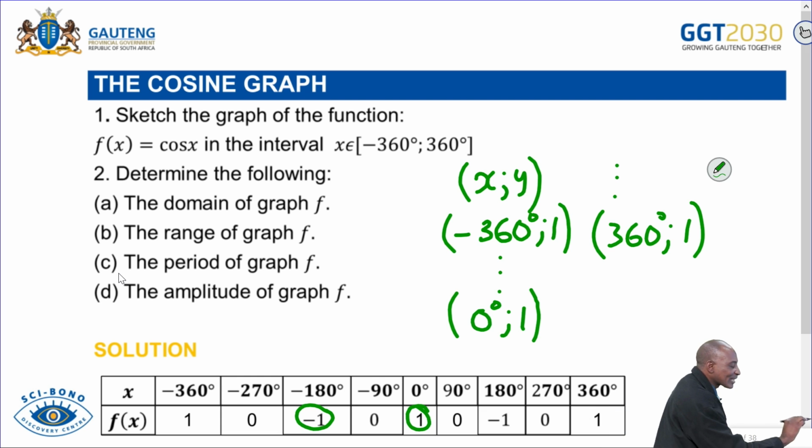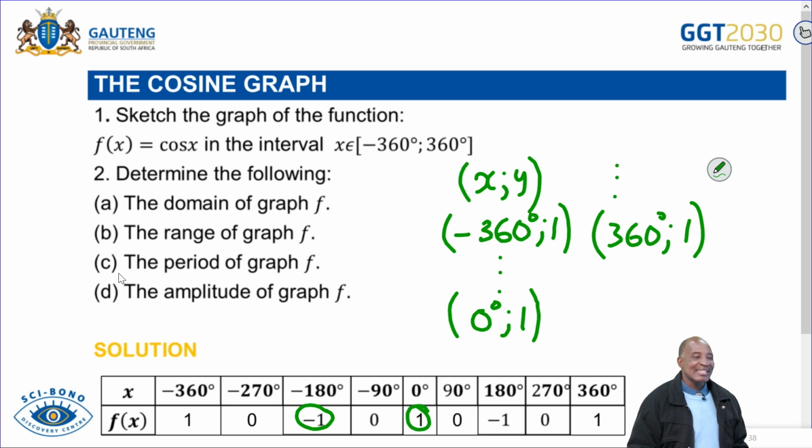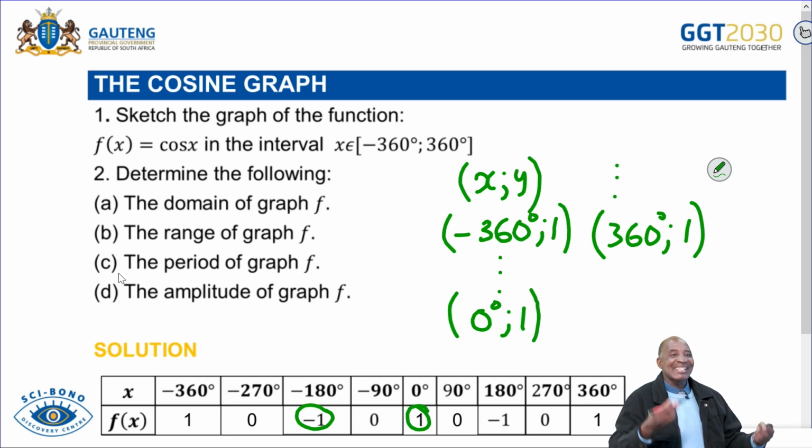Then on the horizontal axis, my x values will start from negative 360 degrees and stop at 360 degrees, because this is the domain that I'm given to work with. I can come up with my own domain, but here I'm given x is an element of negative 360 to 360.